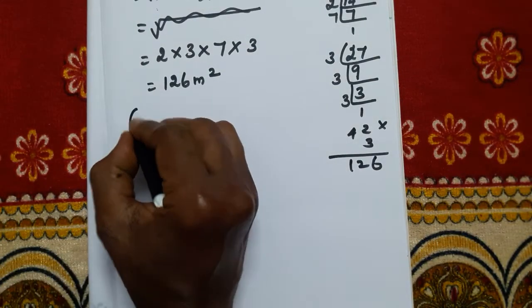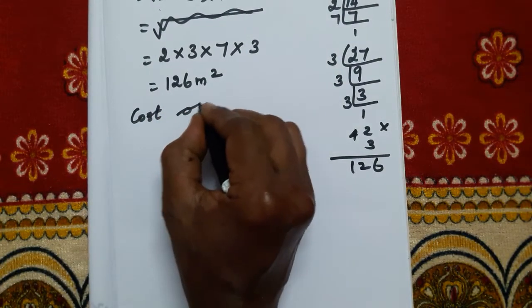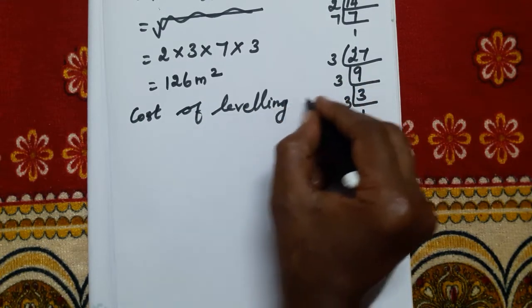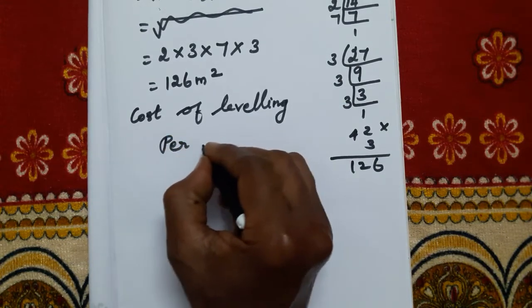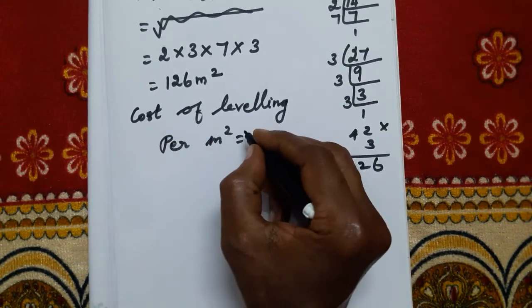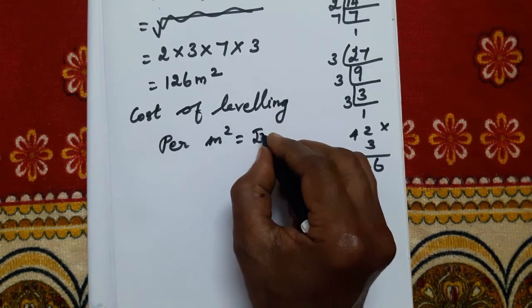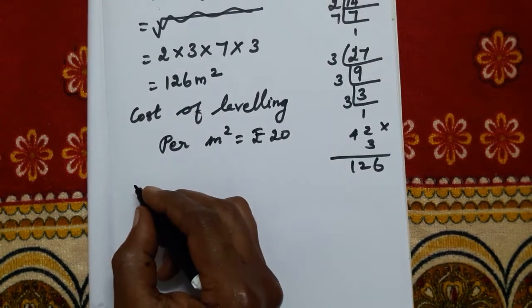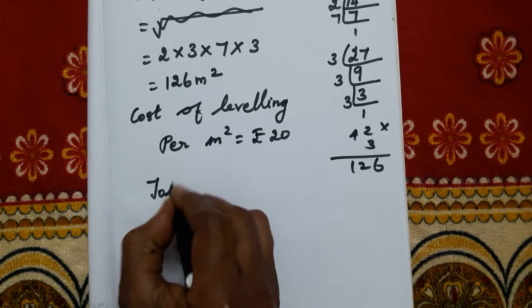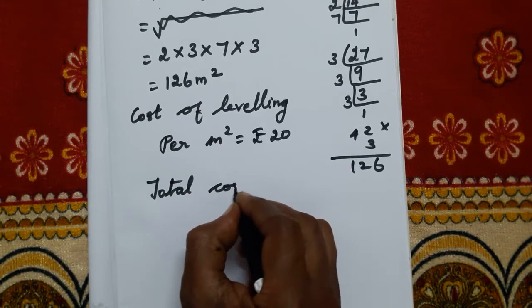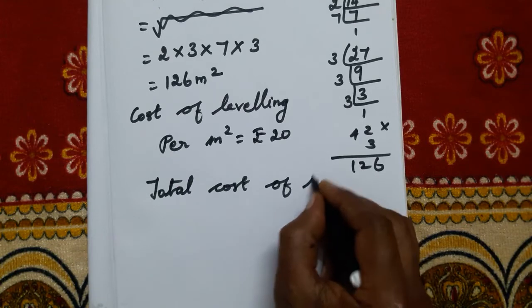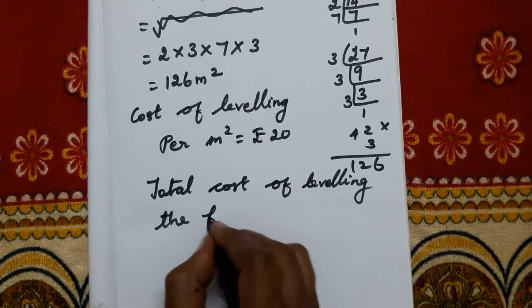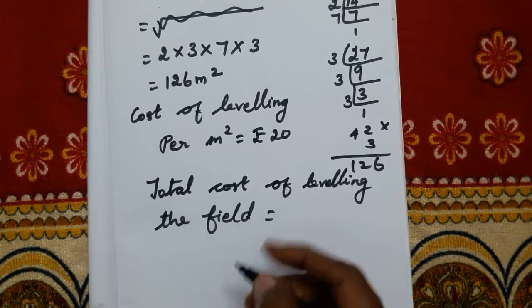So, cost of leveling per square meter is equal to rupees 20. Now, we want to find the total cost of leveling the field.